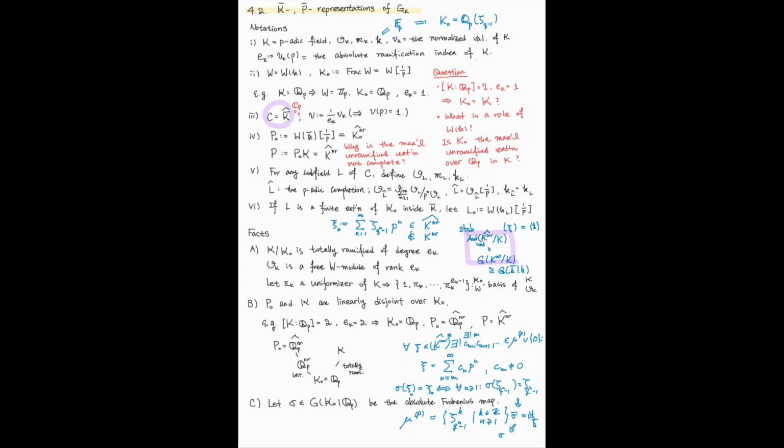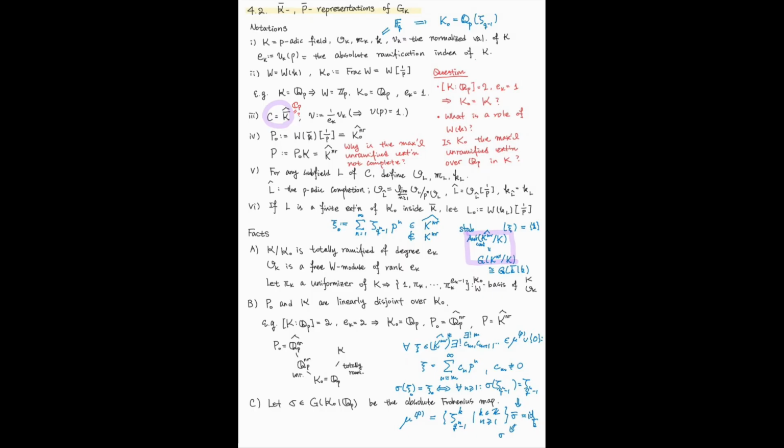So K over K0 is totally ramified of degree e_K, because K0 is the maximum unramified subextension in K. And O_K is also a free W module of length e_K. So if there is a uniformizer pi_K, then the powers of pi_K can be a K0 basis of K, or a W basis of O_K.